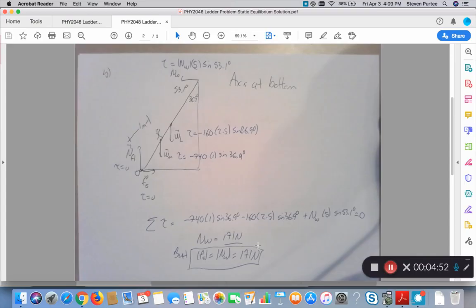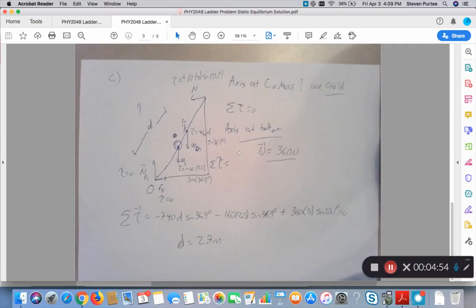Okay, then in part C, we want to know how far up the guy can go before the ladder slides. So at first when I was going to do this problem, I was going to put the axis of rotation here right in the center. And honestly, it wouldn't be a bad problem. We could do that. But I thought it might be easier if we put the axis still down here, so these two are 0.